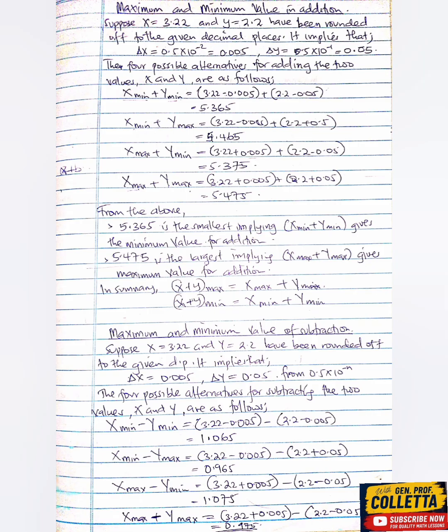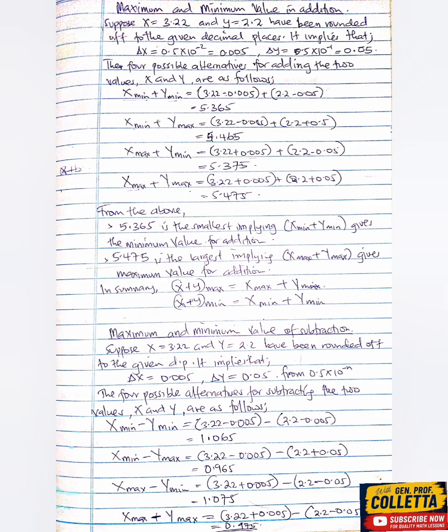The note you are seeing here is just a simple proof of what we are going to talk about. For example, if I have a big number and I add it to a big number, I get a big number, isn't it? If I get a smaller number and a smaller number, I will get a smaller answer compared to the other one, isn't it?